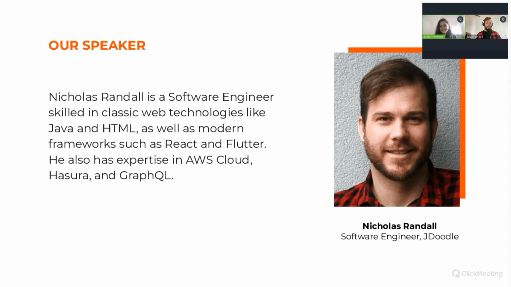Thank you very much, Melvi. Yeah, that's right. My name's Nick Randall. I am the developer for the mobile app at JDoodle, and very excited to present some of the features of the JDoodle mobile app today. As Melvi just said, we've fairly recently moved to AI first, so we've got a lot of focus on coding using AI, which I'm going to show today.